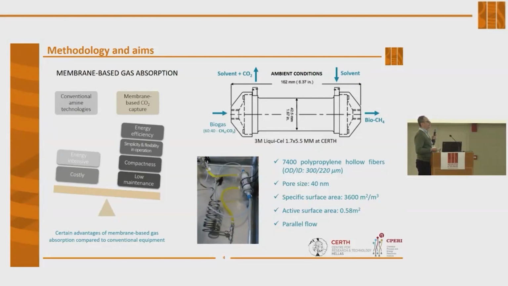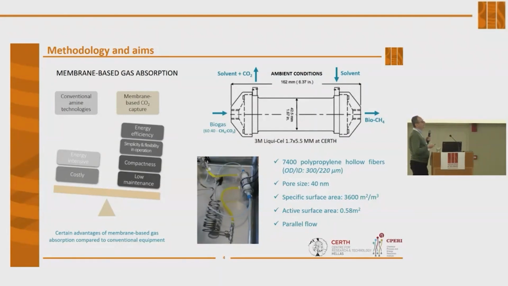What we're trying to do here: we have a binary biogas feed of methane and carbon dioxide, 60-40. We're feeding it in the hollow fiber side, and we have a solvent, an aqueous solution of ethanolamine, which we have found to be the most appropriate in this study, flowing outside of the fibers countercurrently to the fiber flow.